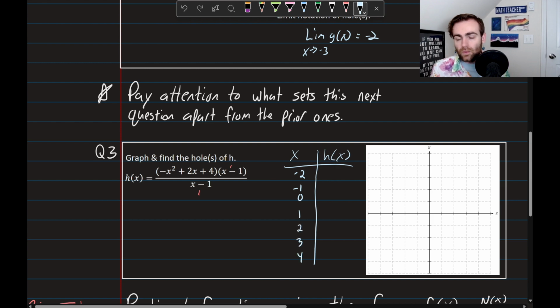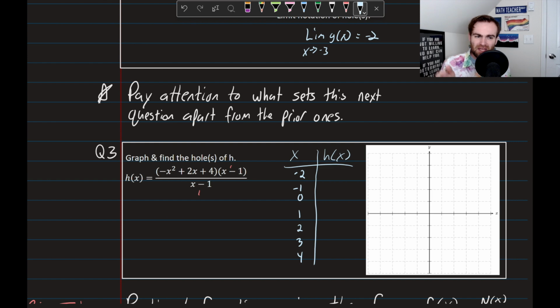Now, when we find out what the shape is, you'll see why 1 was really nice. If you don't get numbers that make a really nice shape on your graph, pick more numbers. There's no rhyme or reason that you have to use these numbers. Pick numbers that are going to show up nicely in your graph, and you don't know what those are to start, so pick some and have fun with it.